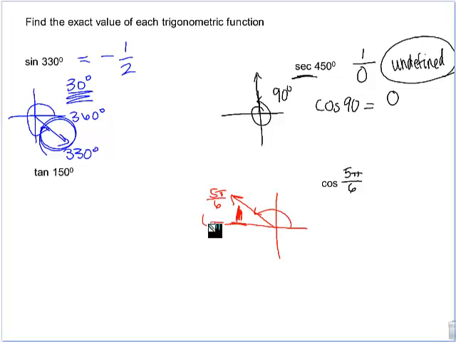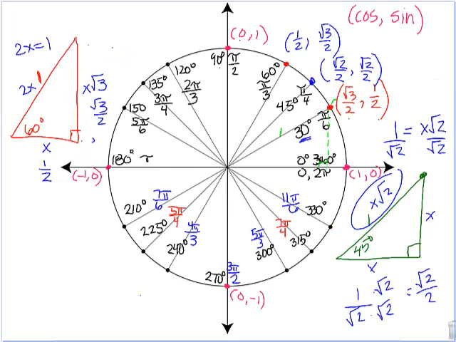Pi. So 6 pi over 6. So what's the difference there? Pi over 6 is our reference angle. So we want to look and see what the cosine of pi over 6 is. So on your unit circle, find pi over 6 right here. And then what's the cosine value there? Square root of 3 over 2.